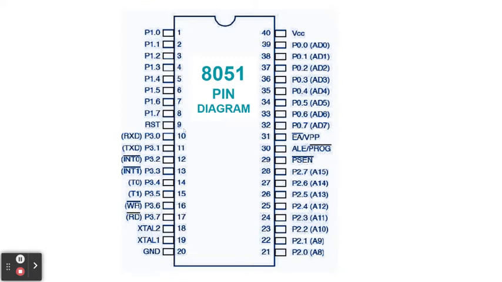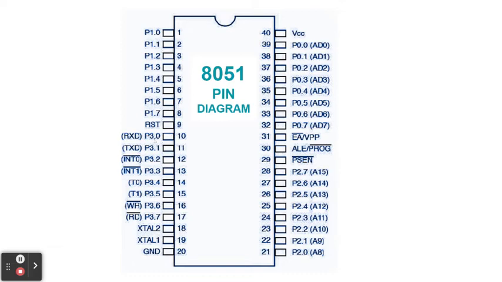Pin number 9 is the reset. On pin number 10, we have P3.0 up to pin 17, which is P3.7. So port 3 bit 0 up to port 3 bit 7 starts from pin number 10 up to pin number 17. Port 3 has another function.